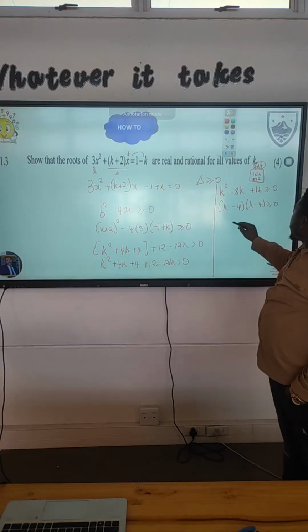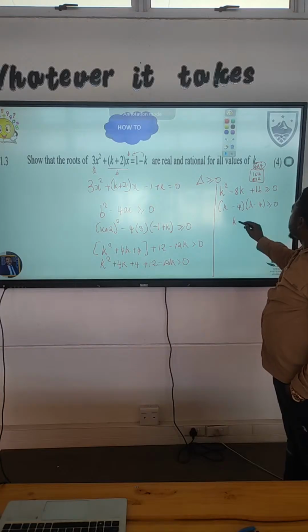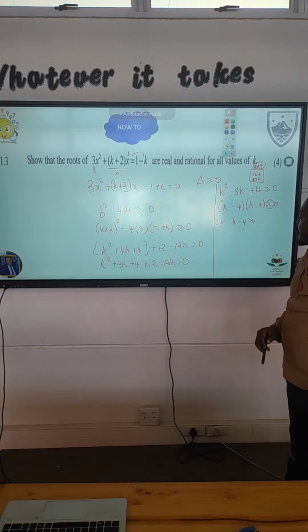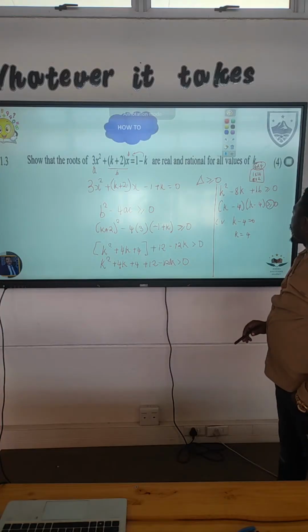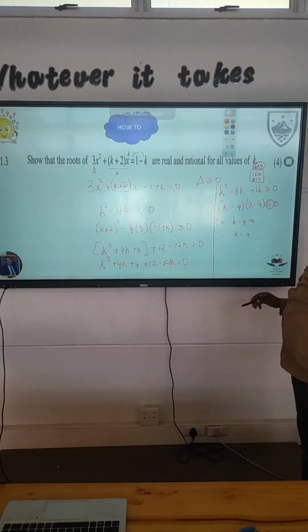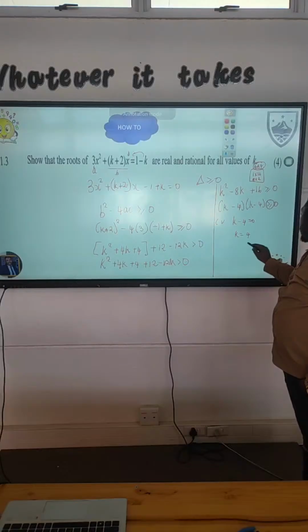And then it means my k, because there's an inequality, my critical value is k equals 4. So if we look at the critical value here, it was the same one.